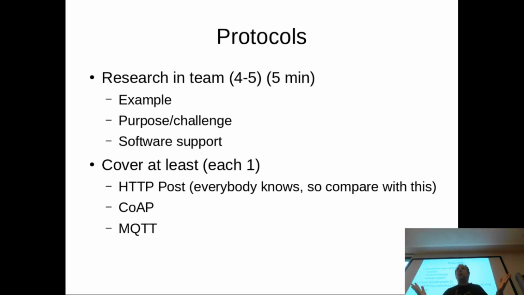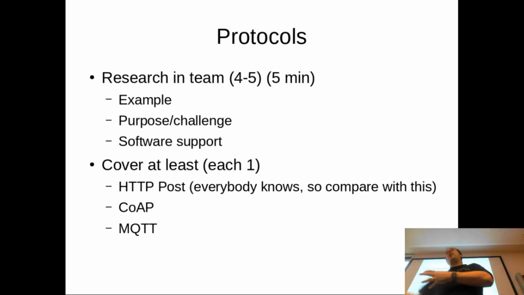We want to look at protocols or ways of actually how to really carry out communication in the Internet of Things. So at least look now at CoAP and MQTT. I assume that everybody of you knows the HTTP post mechanism because you have already used that.